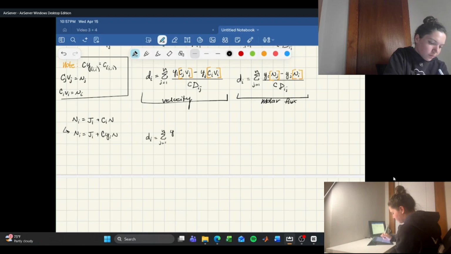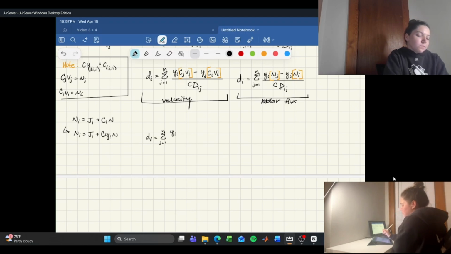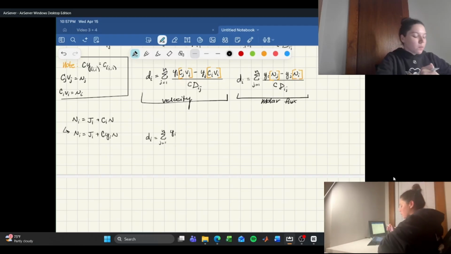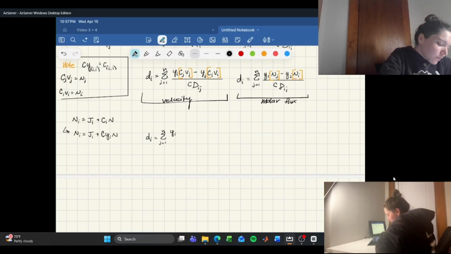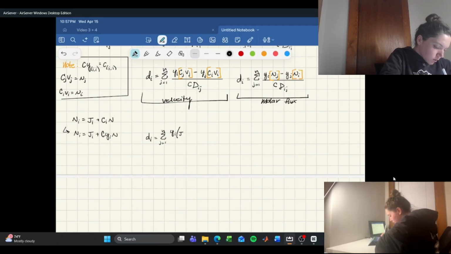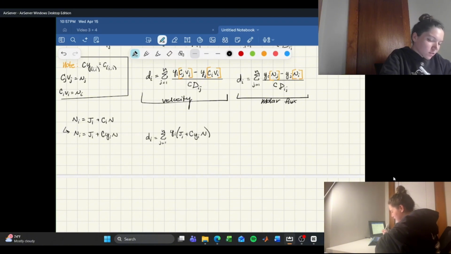This is going to be the mole fraction of I times, we said that, and J, the molar flux of J is going to be the diffusion flux of J plus the overall concentration times the mole fraction of I times the overall molar flux.